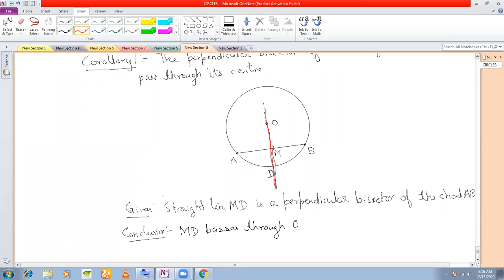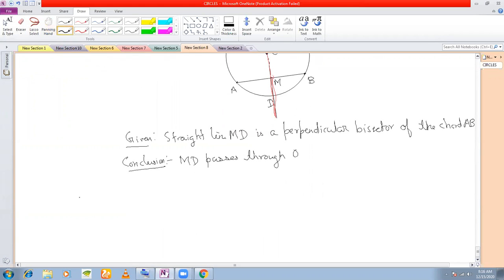So any perpendicular bisector of a chord will always pass through the center, which means that if I have multiple chords, say 5 chords, and I draw perpendicular bisectors of the 5 chords, then at what point will they intersect? Common sense? Can anyone tell me?